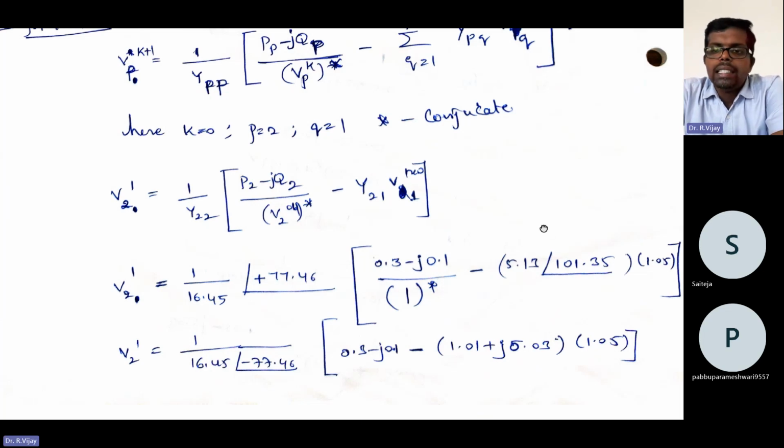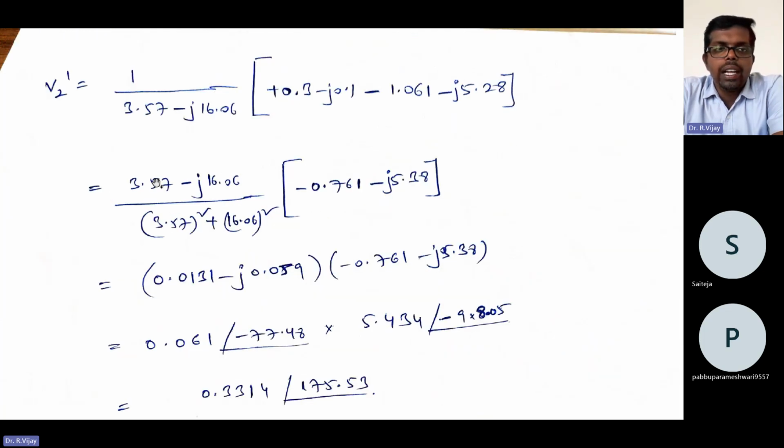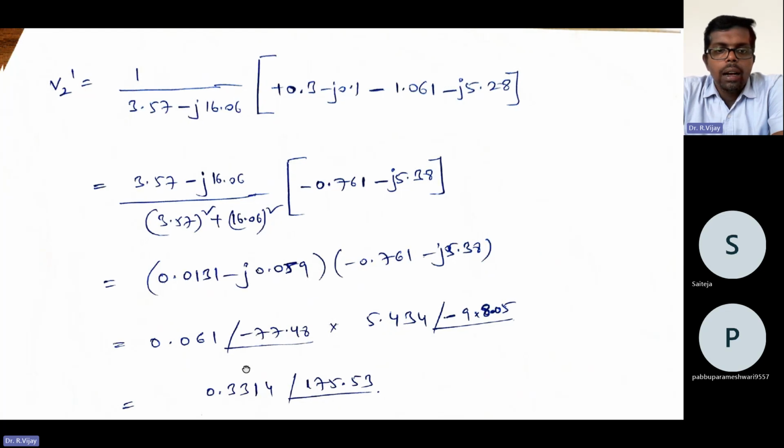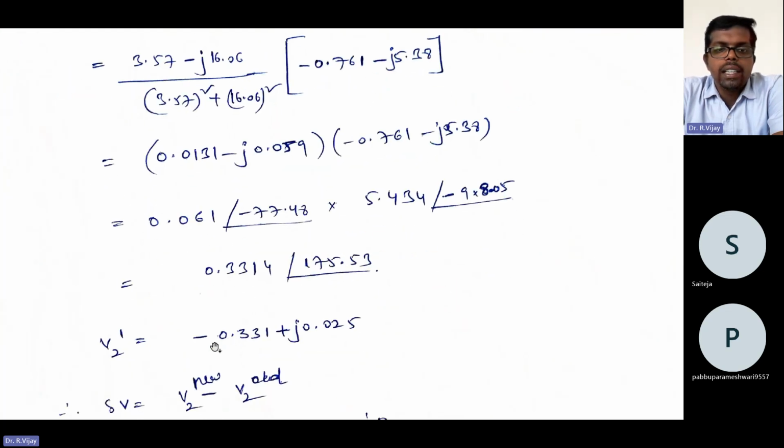Here, for the simplification, you need to convert everything into polar format or rectangular format and then solve further. So the V2 new value you get is 0.331 plus j into 0.025.